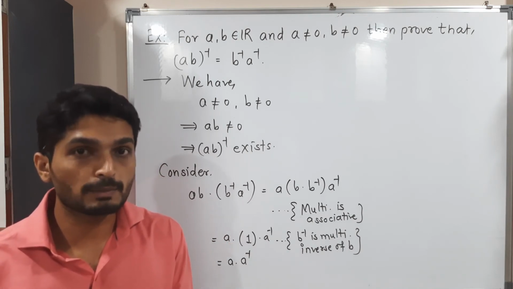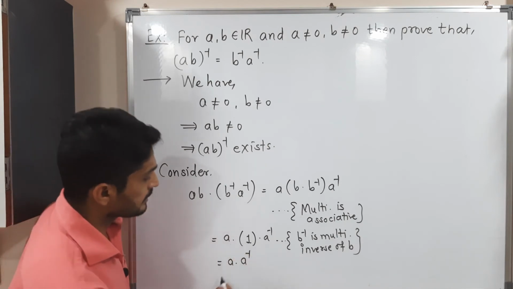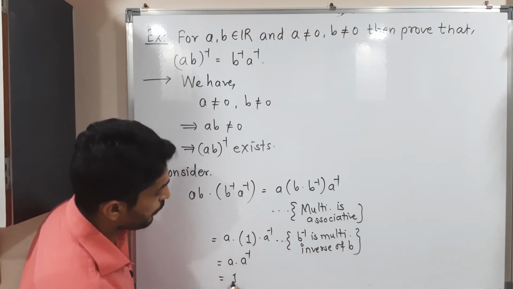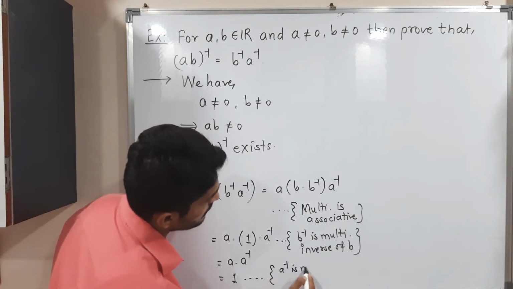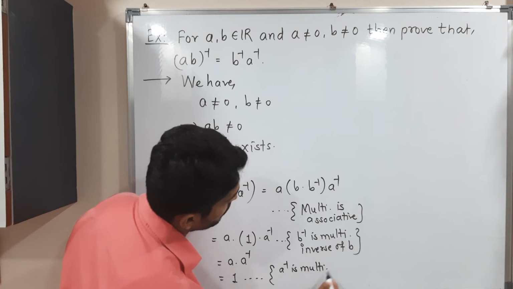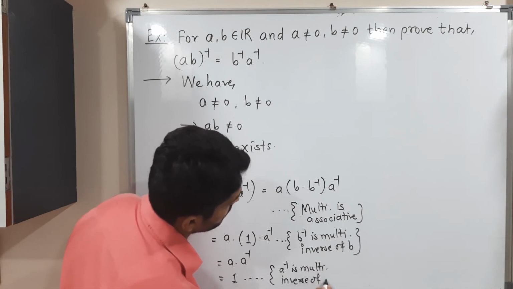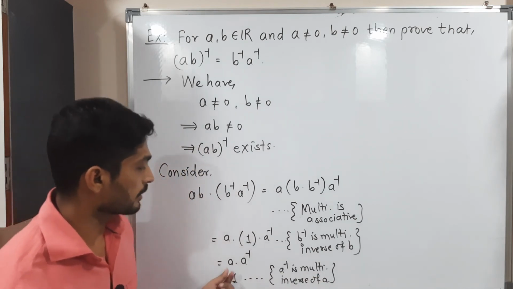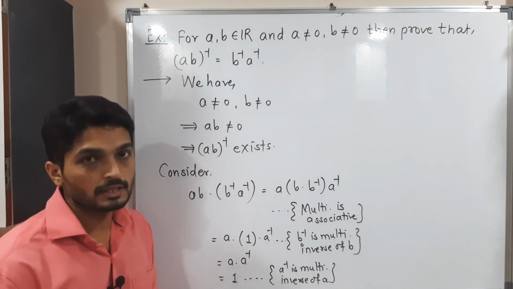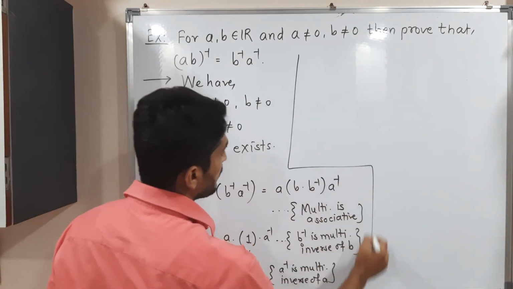I am not writing that thing, but this is the reason behind it. a into a inverse is 1 because a inverse is the multiplicative inverse of a. I am writing the reason for each and every step. That is very important.